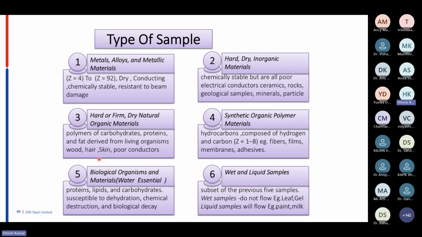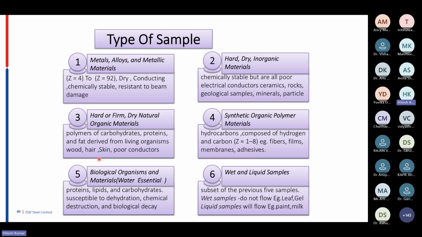So for metallics, we can go for high vacuum. And if you have samples which are wet or liquid, you have to go for environmental electron microscopy, ESEM, environmental scanning electron microscopy, where the vacuum pressure is quite low. Biological samples also can be used there.